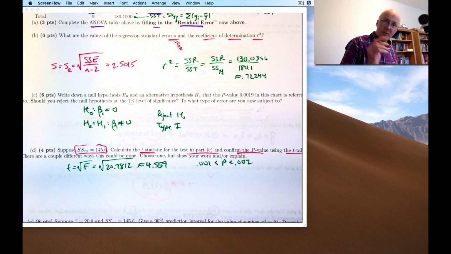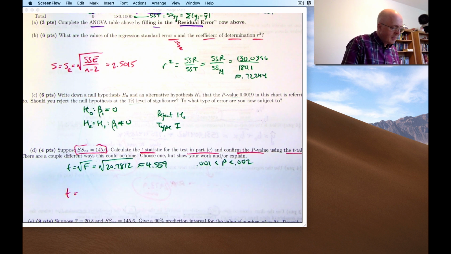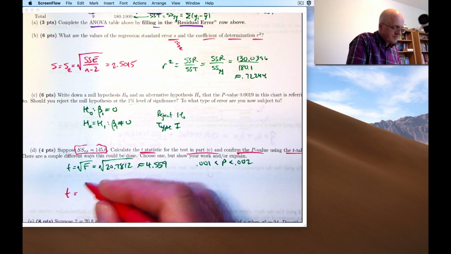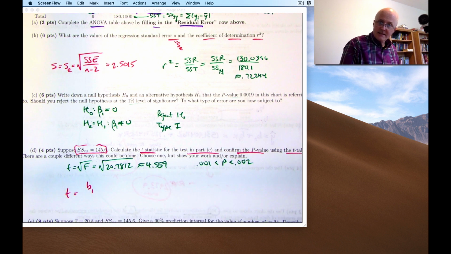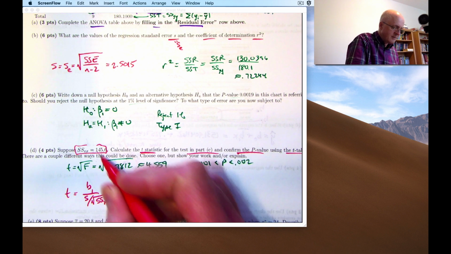You can use a different formula that was in the Lecture 17 video. It's that t equals the sample slope minus 0, which we don't have to write, divided by the standard error for B1, which is the standard error for regression, S, divided by square root of SSXX, and that's why I gave them that value there.